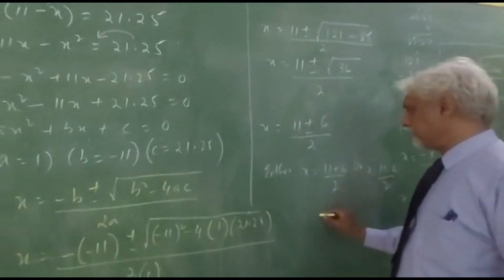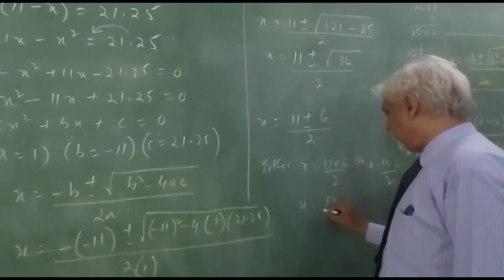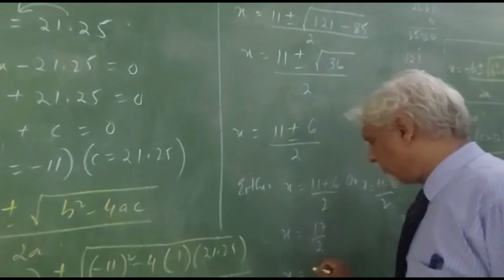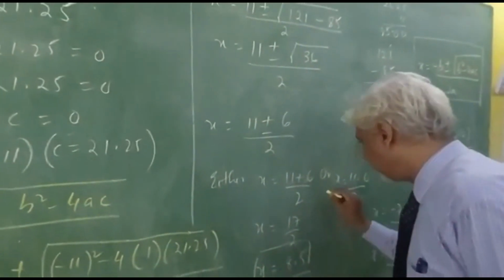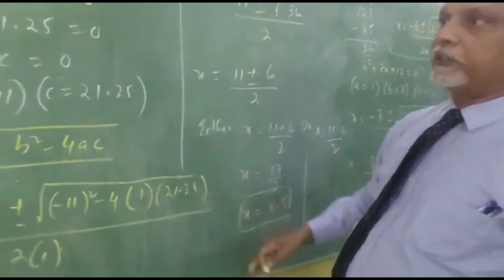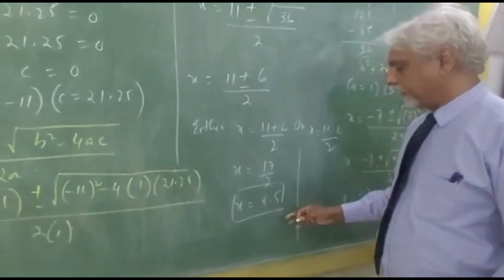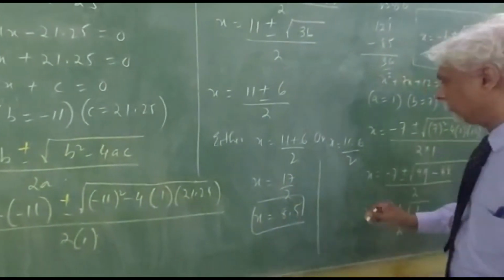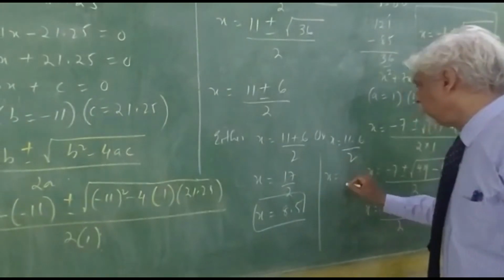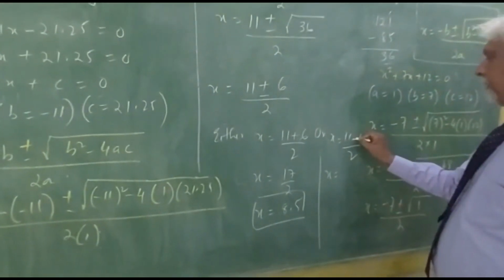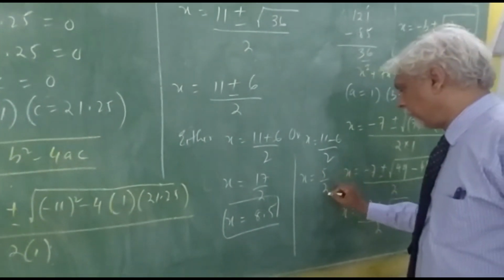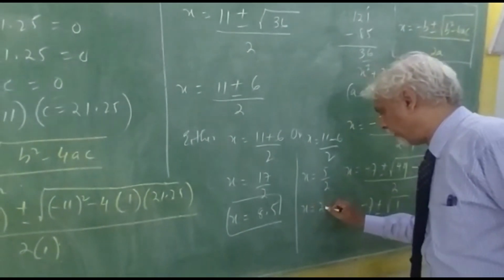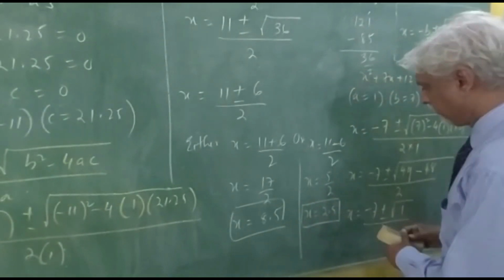If I take 11 plus 6, I will get 17 over 2, which is 8.5. And since the question is given to us in decimals, we might as well write the answer in decimal fraction rather than common fraction. And what is 11 minus 6? 11 minus 6 is 5 upon 2, and here you get x equals 2.5.